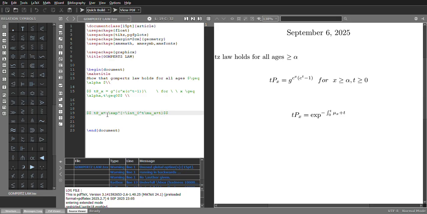So we want to apply this. In Gompertz law, the force of mortality mu x is given by capital B c to the power x.